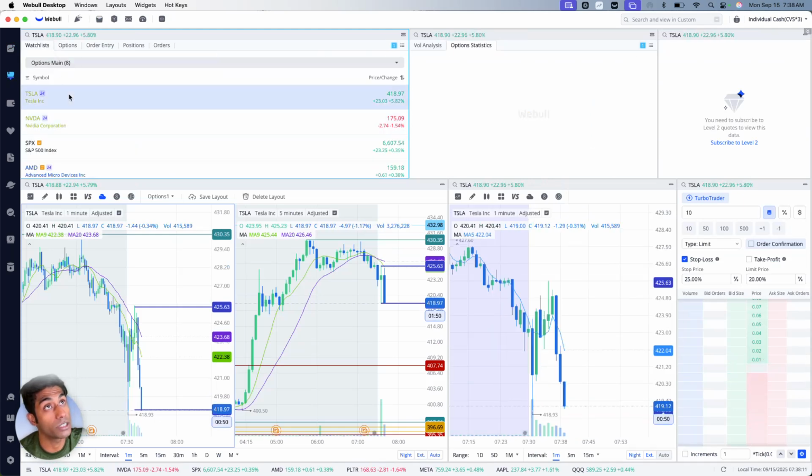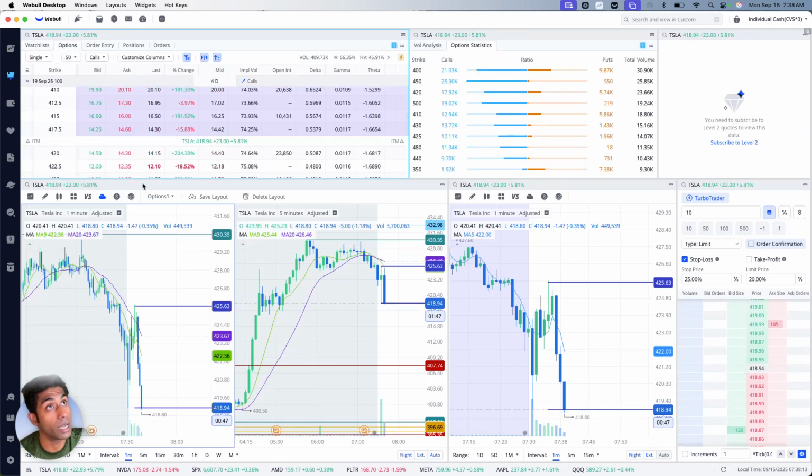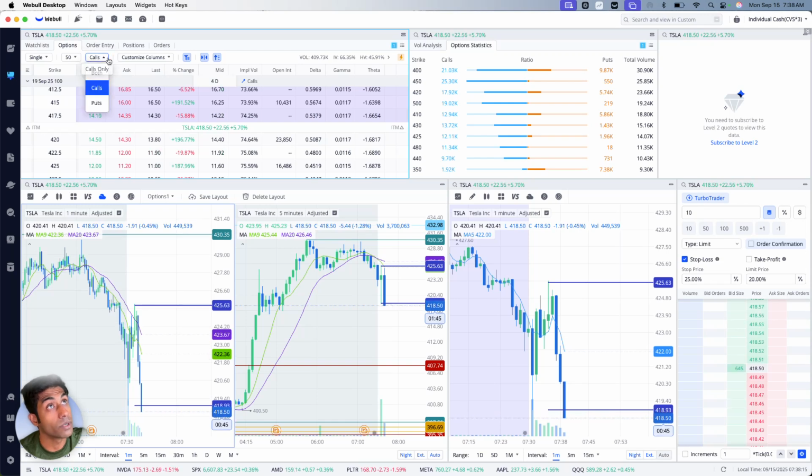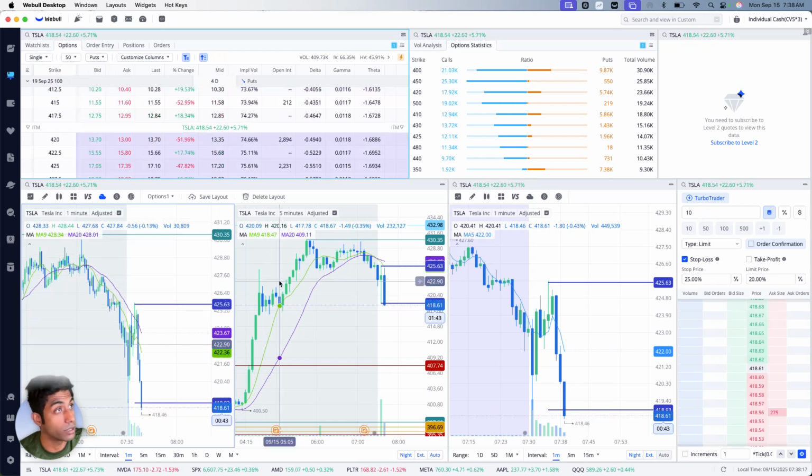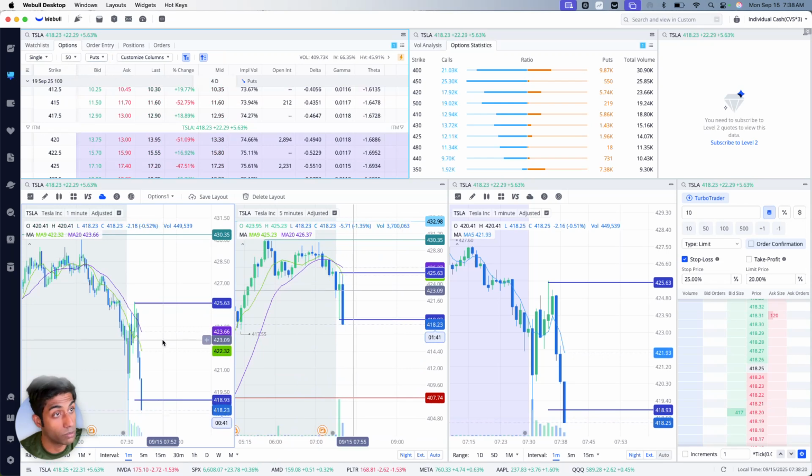We're going to make sure the watch list is on Tesla. We're going to go to the options chain. We're going to go to puts. We're on a 5 minute and we're on the 1 minute.